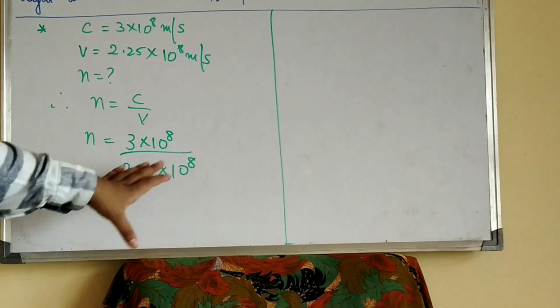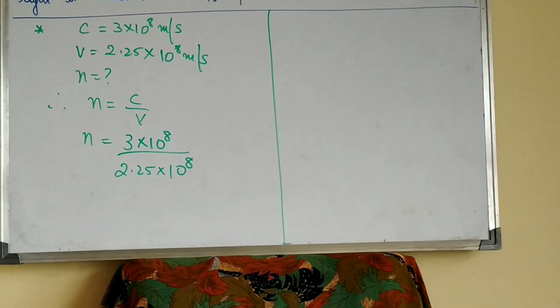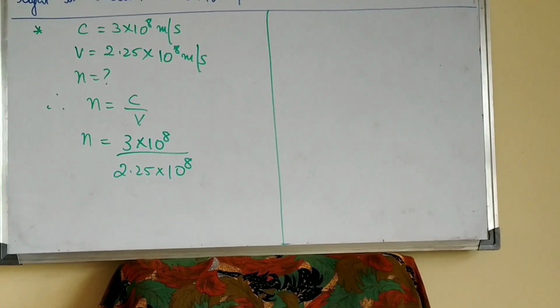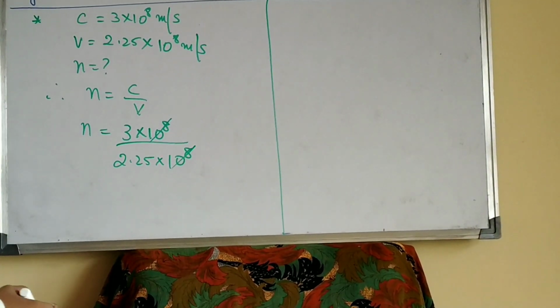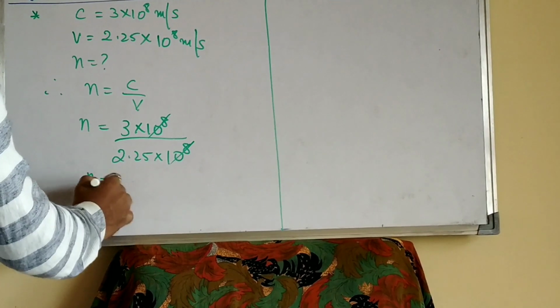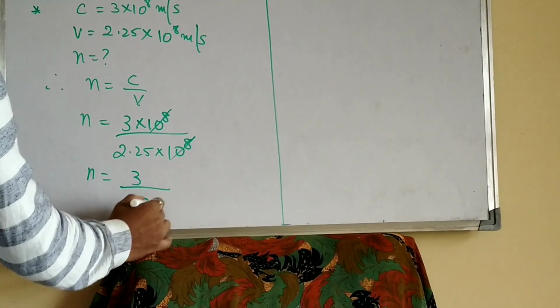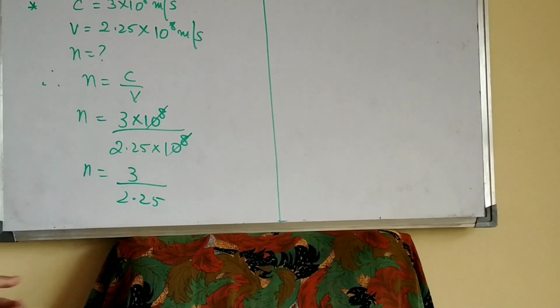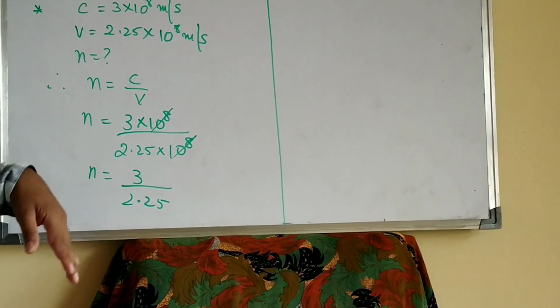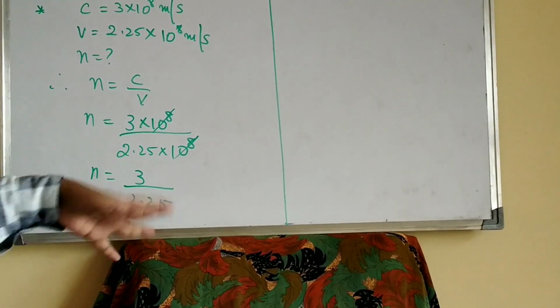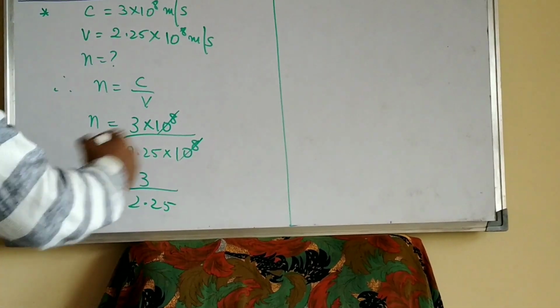Now for many of you, the simplification, you have to be very careful how to simplify it. Now 10 power 8 gets cancelled. Now n you got here is 3 by 2.25. It's better that you make 2.25 a whole number by shifting the decimal point. How to do that?